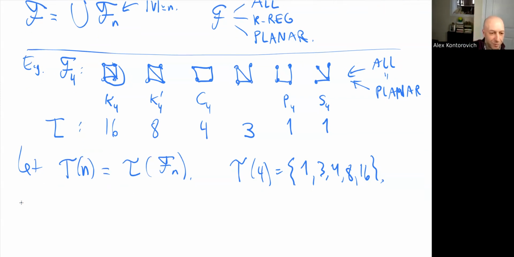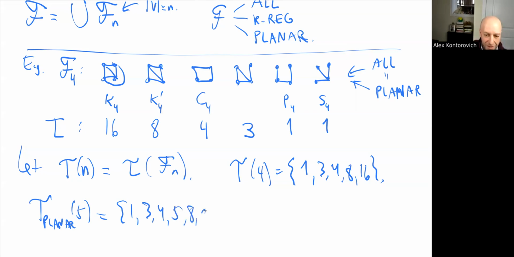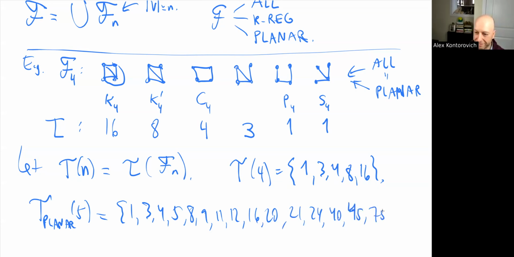Just for planar, so tau planar of 5, just to put it up there. I worked this out for myself. If you get bored with what I'm saying, you're welcome to do this exercise. But you get 1, 3, 4, 5, 8, 9, 11, 12, 16, 20, 21, 24, 40, 45, and 75.